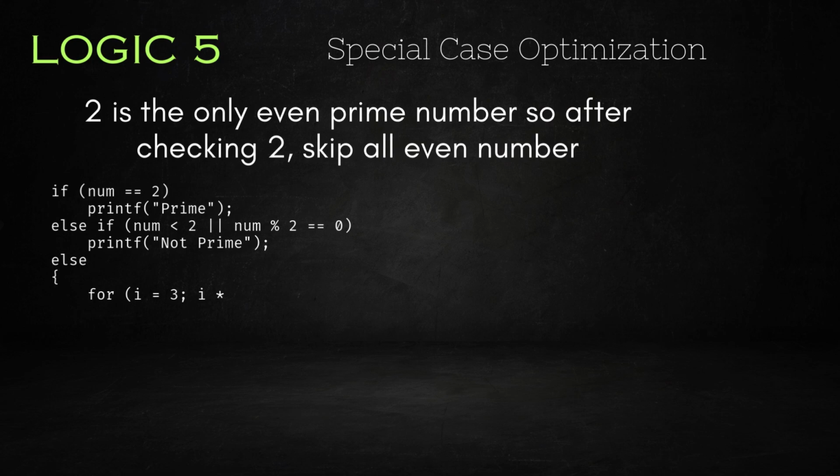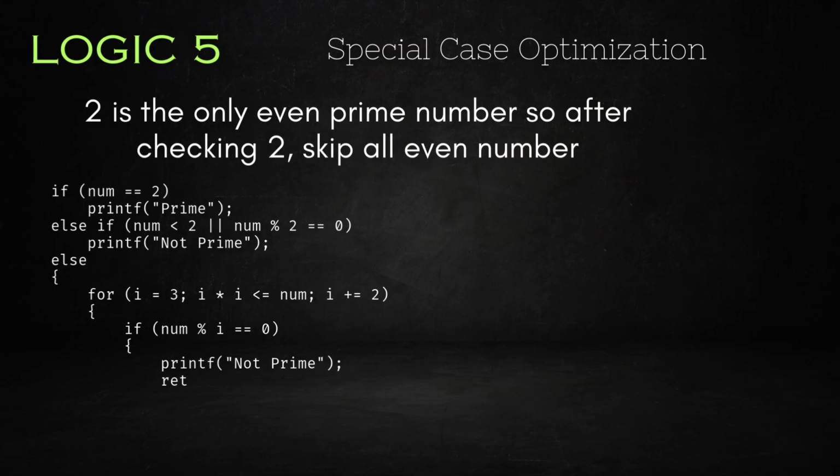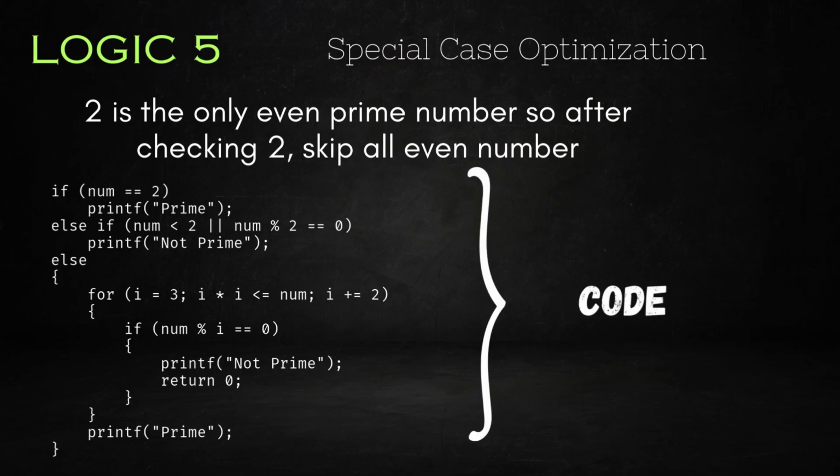Else, for i = 3, i * i <= n, i += 2: if num % i == 0, printf not prime, return 0. Printf prime. This reduces half of the checks and makes the program faster.